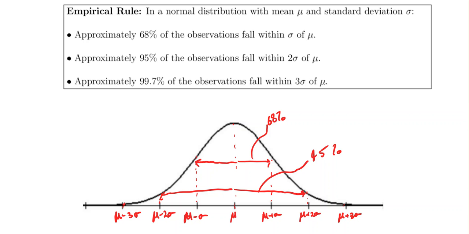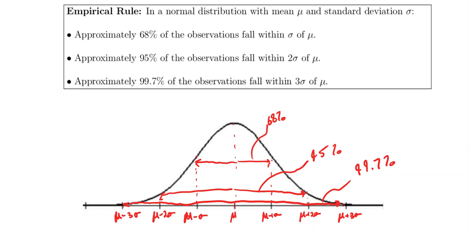By the time we get all the way out to 3 standard deviations above or below the mean, we barely have anything left. This gives us 99.7% of our observations. This is pretty useful for us in math to chop up like this.